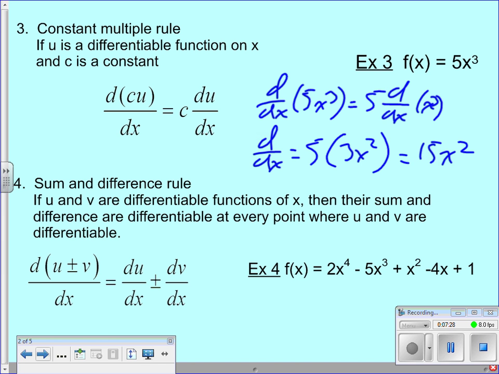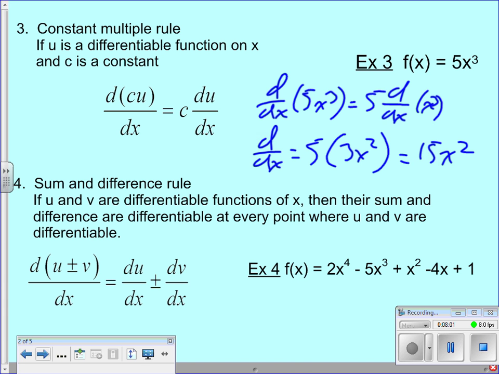What this basically says: if I have individual things that are added and subtracted, I can take the derivative of the first thing plus or minus the derivative of the second thing, plus or minus the derivative of the third thing, plus or minus the derivative of the fourth thing. If I have things that are added and subtracted, it's the derivative of each individual item. I don't have to do it as a whole, I can do it part by part by part by part, if it's addition, subtraction.